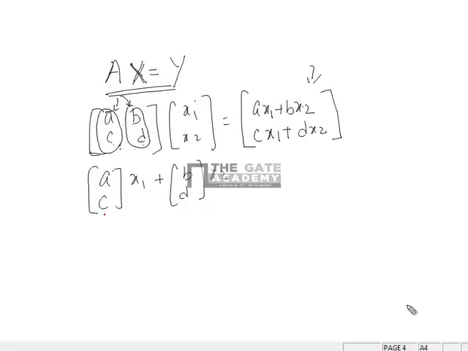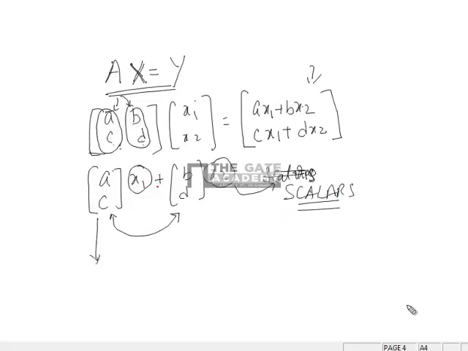So the output is nothing but the scale. x1 and x2 are what? x1 and x2 are scalars. Let me write it clearly. They are scalars. What are these two?